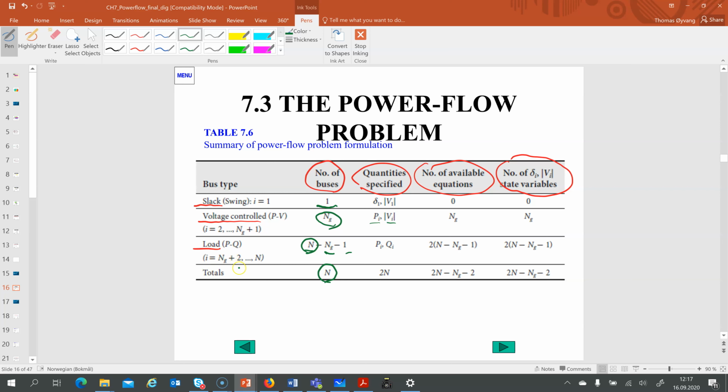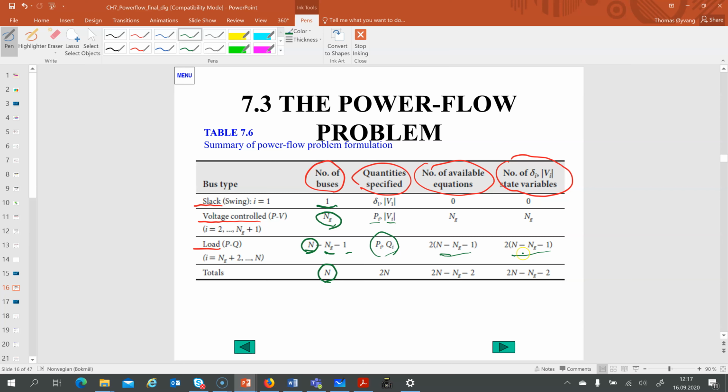For the load buses, you can see here we have specified those values. And you can calculate now in the same way we did for the number of buses. The number of available equations will be 2 equations per node. And the same on the state variables.